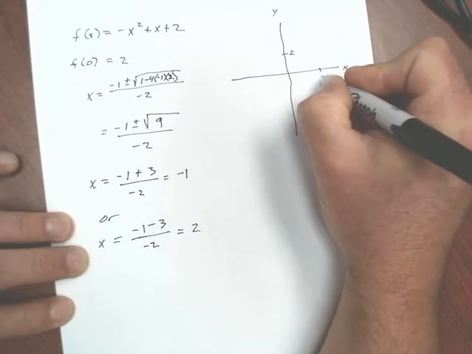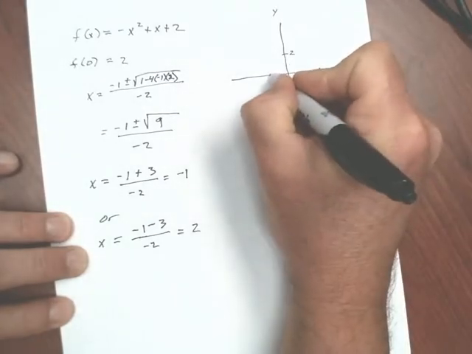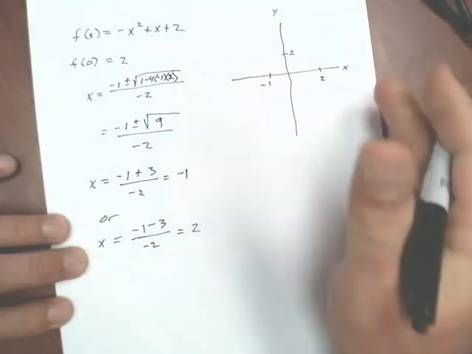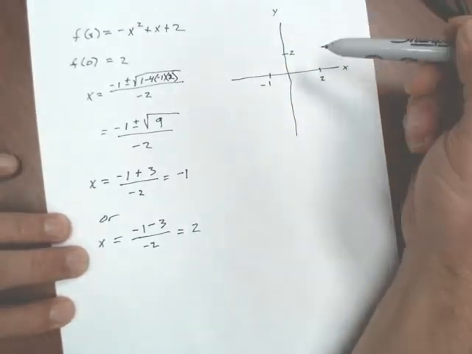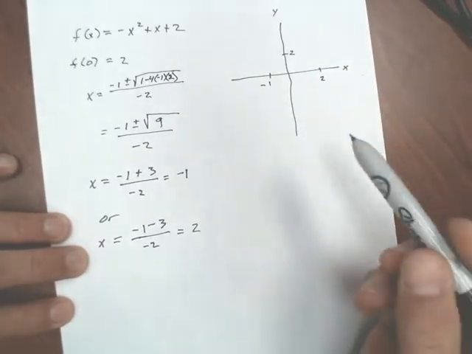Okay, so when y equals 0, x equals 2 or -1. Now notice here, this is going to be an upside down u, okay?